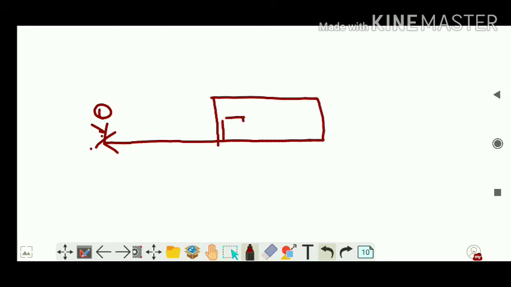Bus door is just, let's say, its position here, right? Let's say the position at t is equal to 0, the initial time. Let's say the man's position we are taking to be the origin, so that his initial position, xm0, is 0, right? Now the bus door is at 6 meter from here.